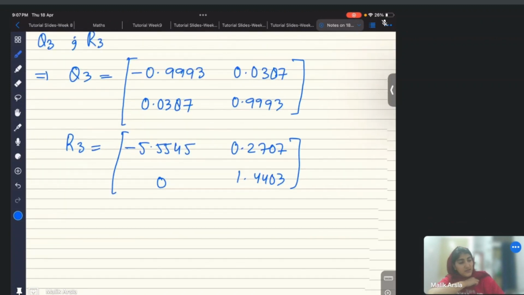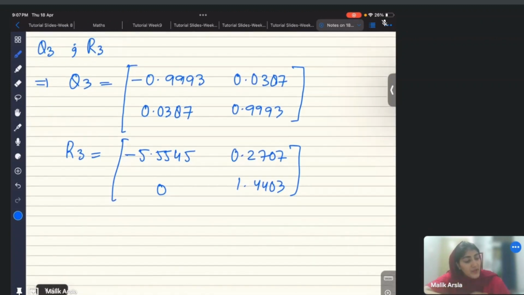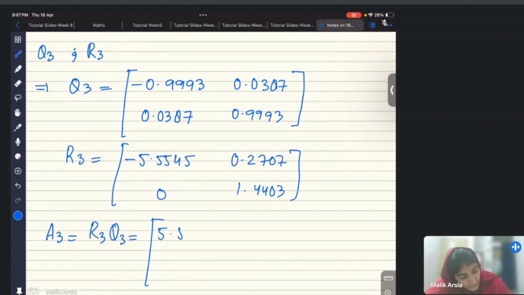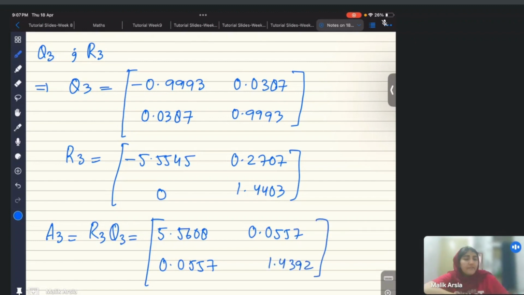Our A3 matrix will be R3 into Q3, and when we multiply these matrices it comes out to be 5.5608, 0.0557, 0.0557 and 1.4392.